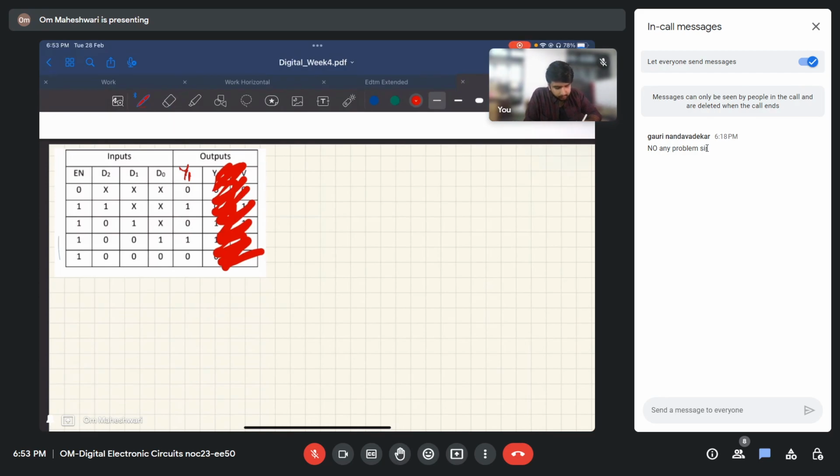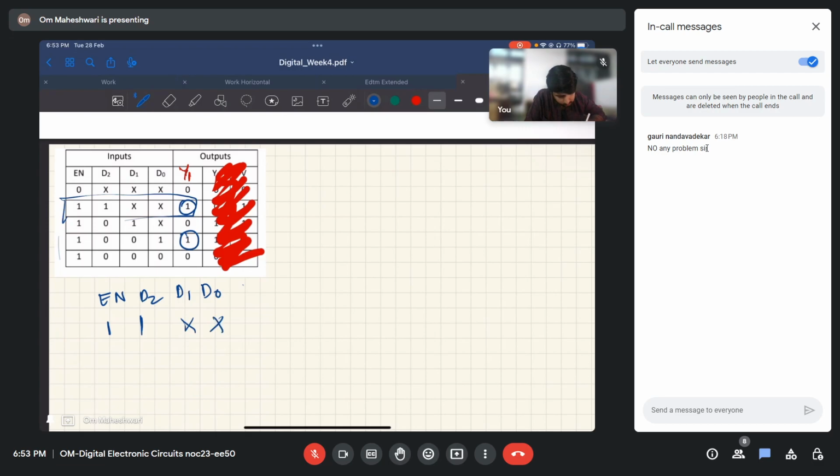Then this Y1 is 1. We just have to find those cases. So it is 1 here and 1 here. So what are the cases here? Y1 is 1. So let me write it again: En, D2, D1, D0. Y1 is 1 when En is 1 and D1 is 1.